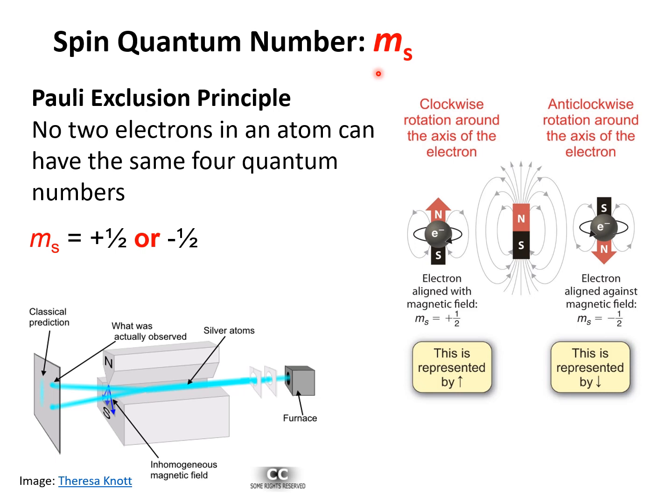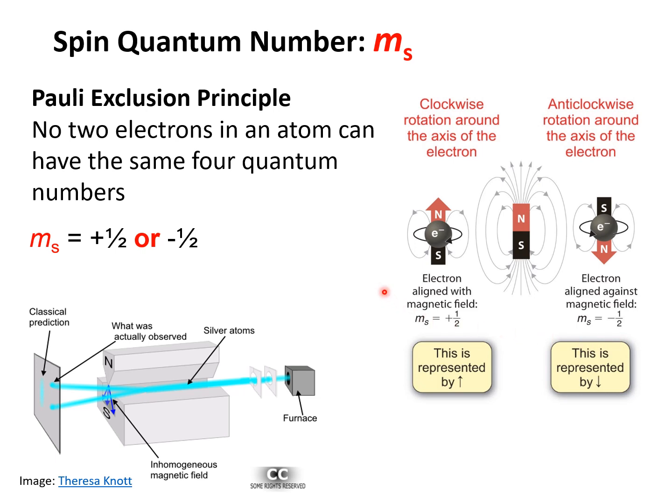So this leads us to the spin quantum number. Allowed values for ms, the spin quantum number, are +0.5 and -0.5. Symbolically, we often represent that as spin up with an up arrow and spin down with a down arrow for the spin -0.5.